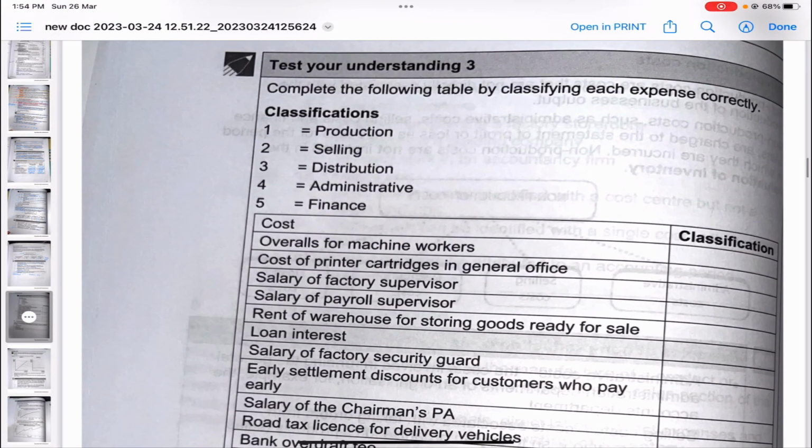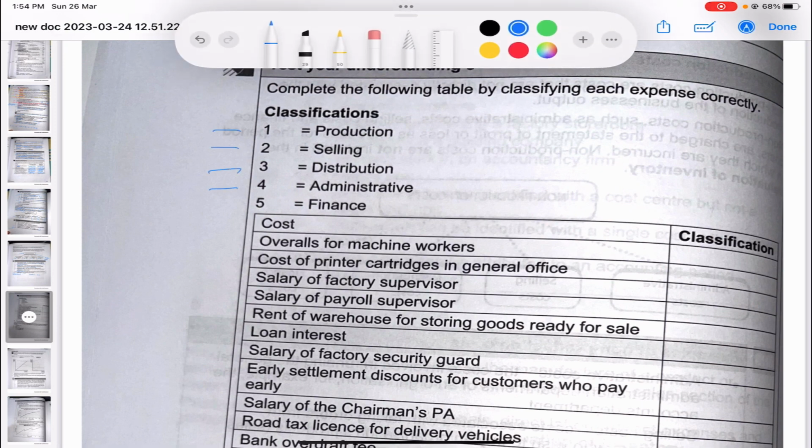Let's quickly do the test of understanding 3: production, selling, distribution, administrative, finance. We just have to classify based on this. Overalls for machine workers. Machine workers are my main people, so they are involved in the production. Next, cost of printer cartridges in general office: administrative expenses, right?